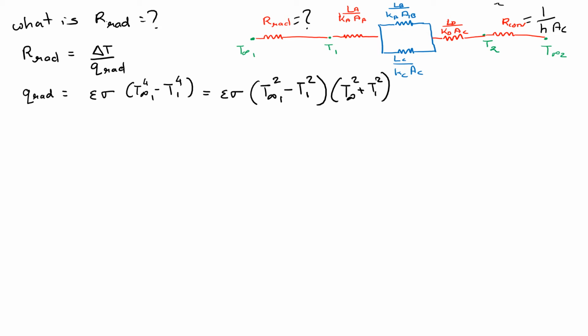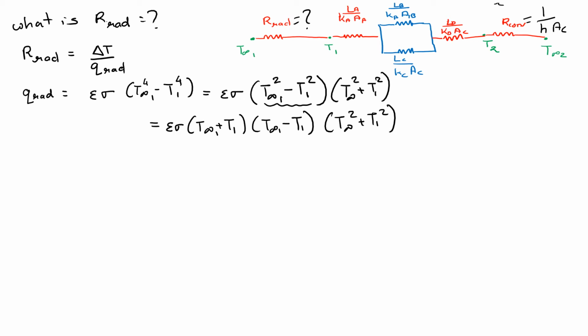I can further expand this bracket and write it down as epsilon sigma into T infinity plus T1 into T infinity minus T1 into T infinity square plus T1 square.